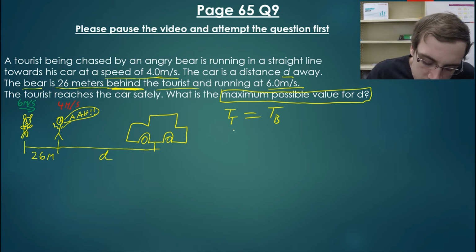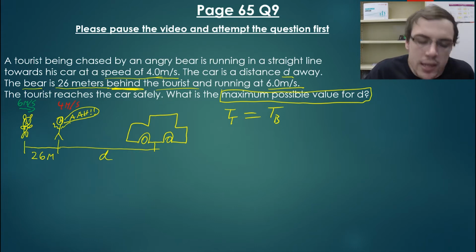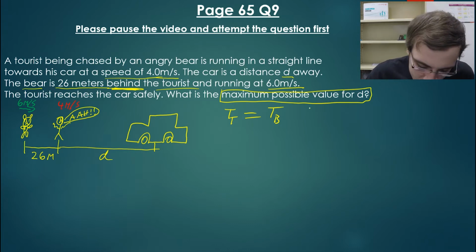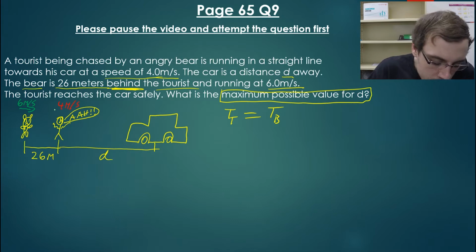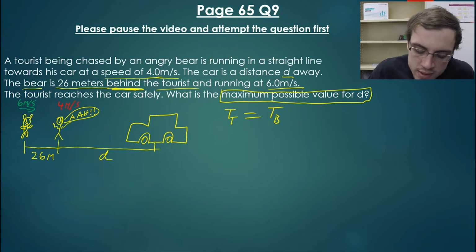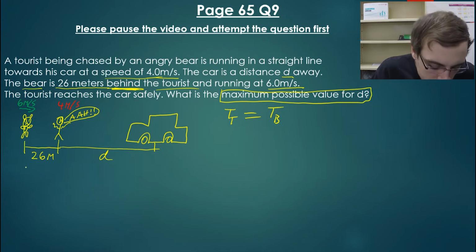With this assumption in mind, we can look at what we're given and how we can work with it. We want this distance D. We're given a speed, and we've just seen that our time is going to be the same.